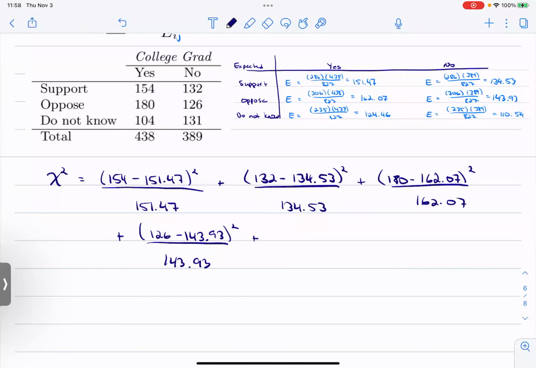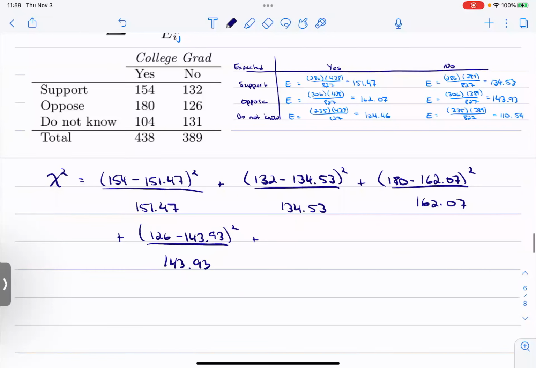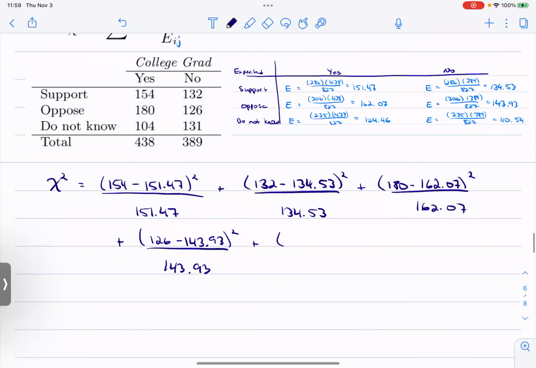Obviously, you don't need to write these all out because you're not doing that kind of work, but I just want you to see where these are coming from. 104 minus 124.46 squared over 124.46. Finally, 131 minus 110.54 squared.